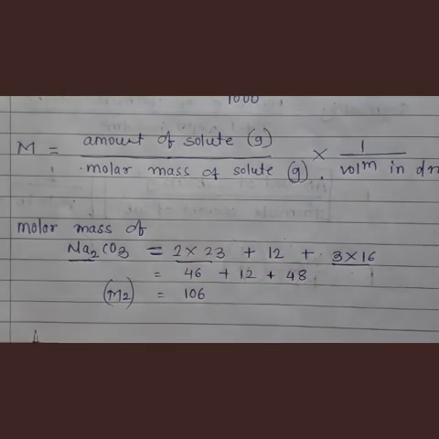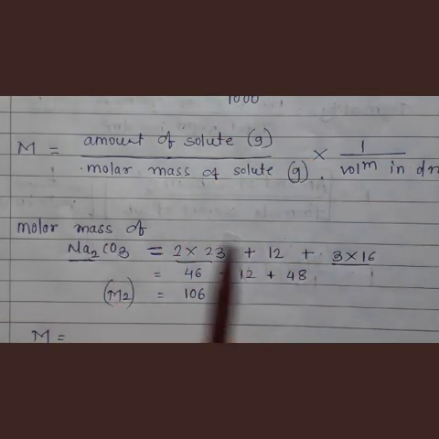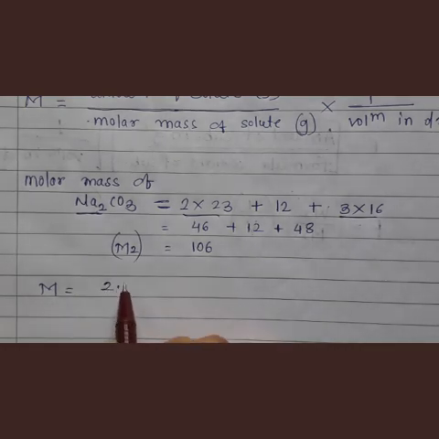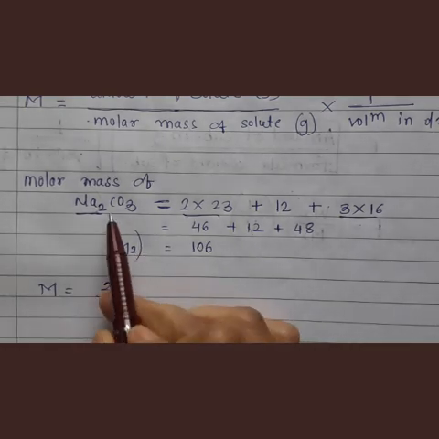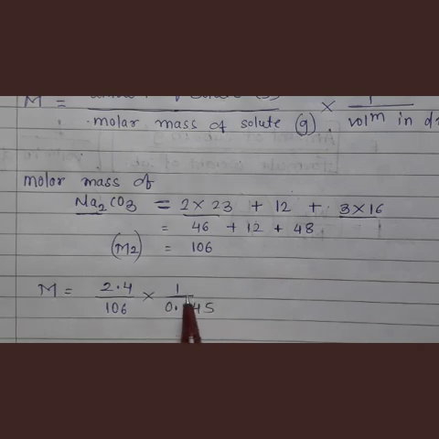Okay, now let us find the molarity. We have got all the things which are necessary to find out the molarity. So molarity M is equal to amount of solute, that is 2.4, divided by molar mass 106, multiplied by 1 upon volume in dm cube, which is 0.245.